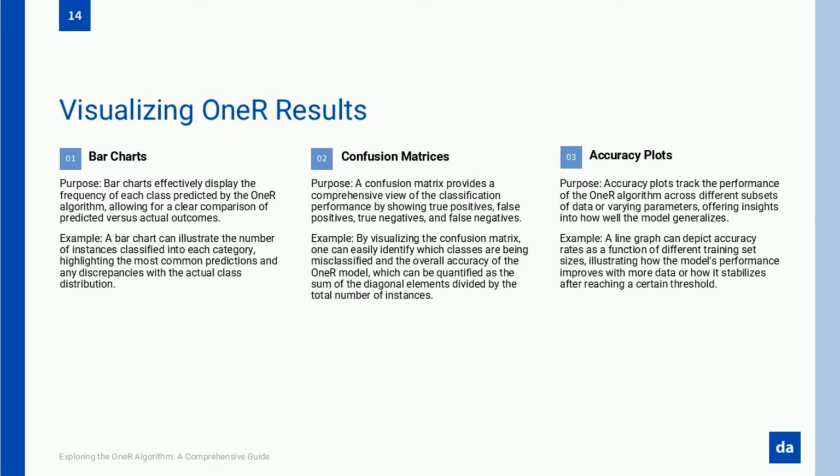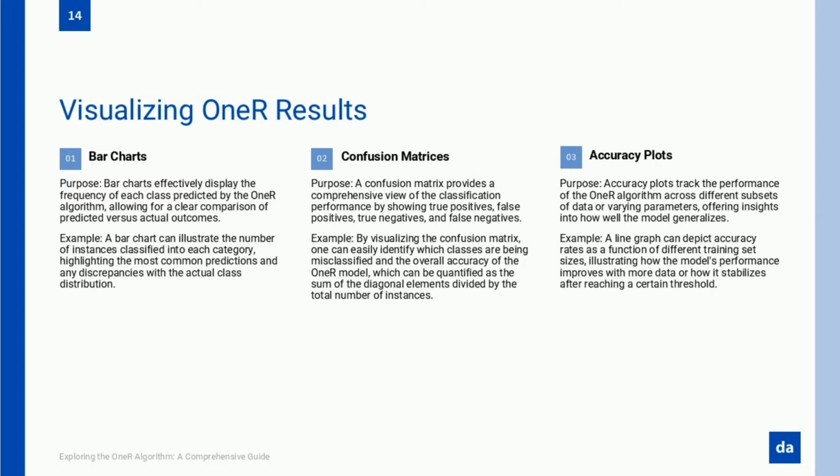Visualizing the results of the OneR algorithm is essential for understanding how well it performs and identifying any potential weaknesses. While OneR is based on a single rule, visual representations can help illustrate the model's effectiveness, highlight misclassifications, and provide insights into the overall structure of the data. One of the most useful visualization techniques is the bar chart.